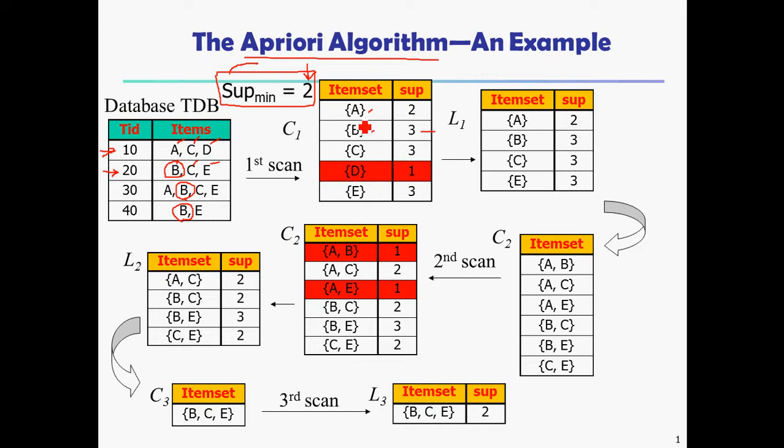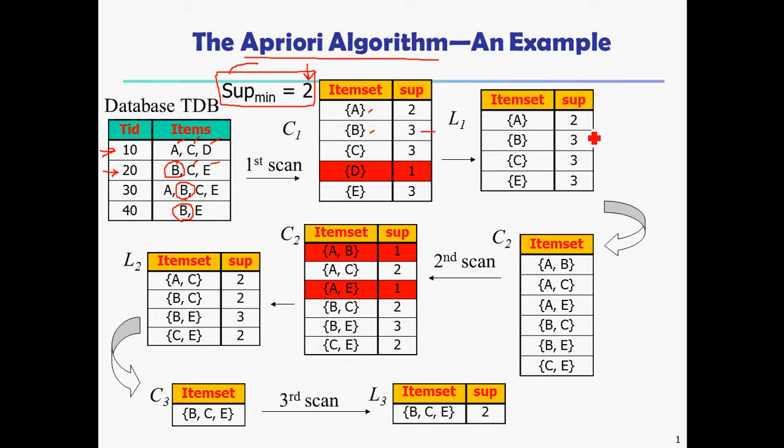So if you look here, for single data items, any item that does not meet this minimum support will be pruned out, will be eliminated. So the outcome of this first processing is A, B, C, and E, each having frequency 2, 3, 3, 3, like this.